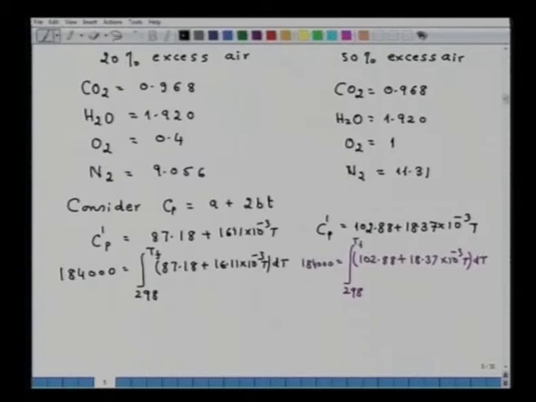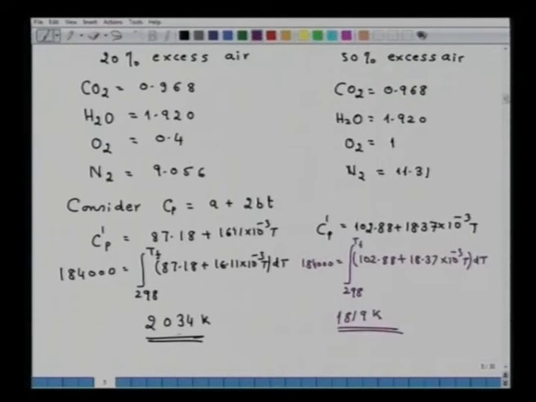Now, I solve. So, here I will get TF as 2314 Kelvin when excess air is 20%. If excess air is 50%, then I calculate the flame temperature as 1819 Kelvin.